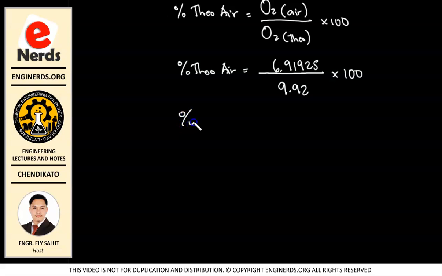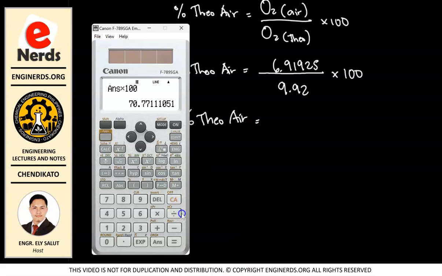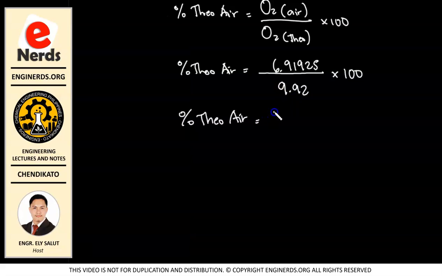So percent theoretical air is equal to 6.91925 divided by 9.92 times 100. So we have 69.75%.